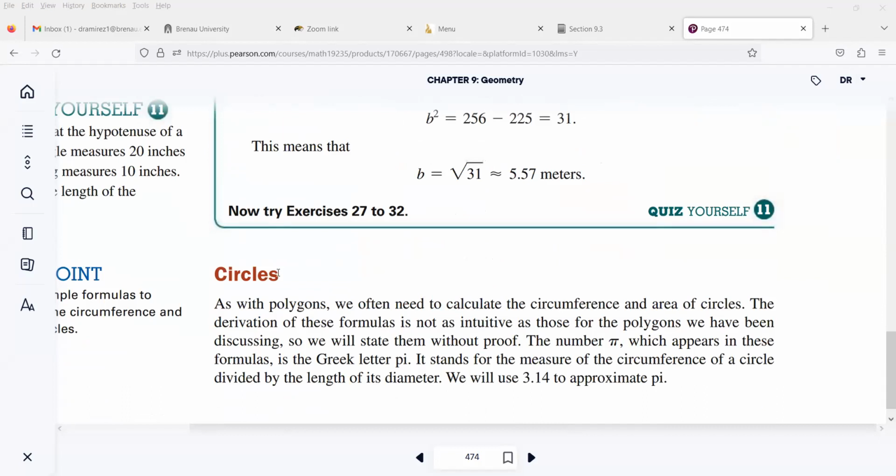The derivation of these formulas is not as intuitive as those for the polygons we have been discussing, so we will state them without proof. The number pi is the Greek letter pi, and that's an example of an irrational number. You remember irrational numbers are those that cannot be written as the ratio of two integers. It stands for the circumference of a circle divided by the length of its diameter.